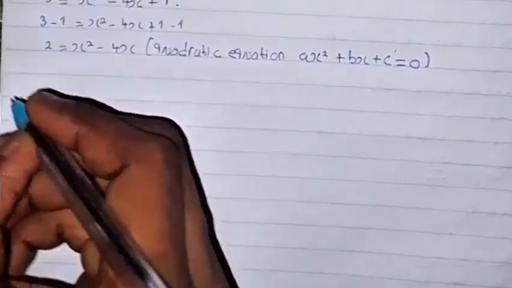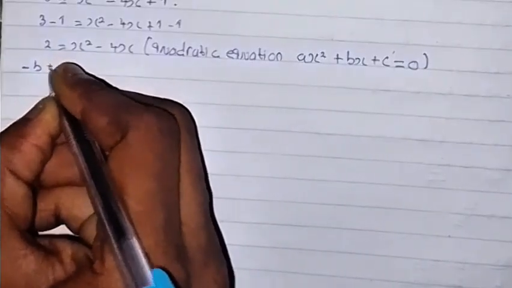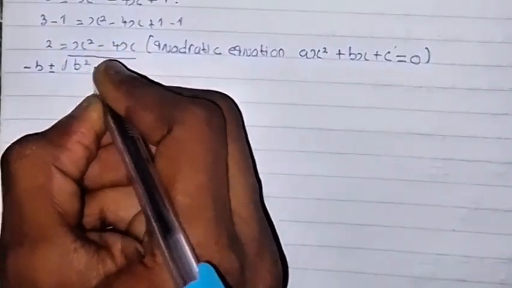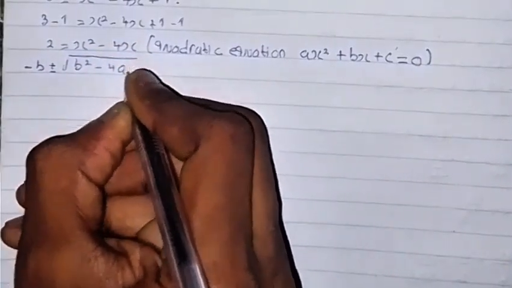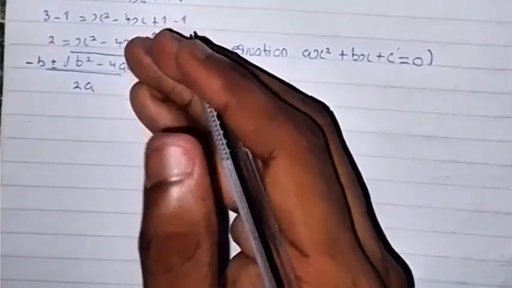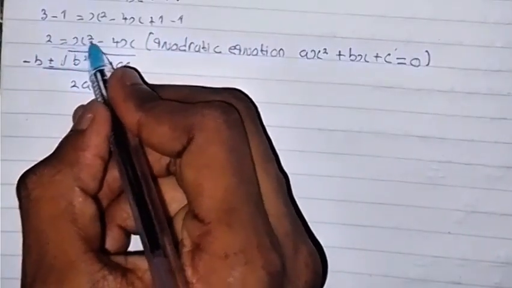The quadratic formula is represented as minus b plus or minus square root of b squared minus 4ac all divided by 2a. Now, we want to use the quadratic formula to solve our equation since the highest power of x was 2.